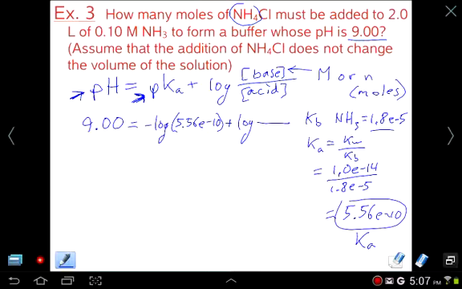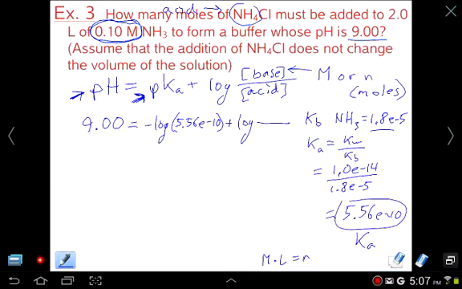0.10 molar, and our acid is the unknown. We're asked about the conjugate acid, so this is actually the acid, the unknown. That's what we'll be solving for, the NH4+. We can either use molarity, the 0.10, or directly use the moles. Because eventually we'll be asking about the moles, why not use the moles directly? Convert from molarity to moles: molarity times liters gives you moles.